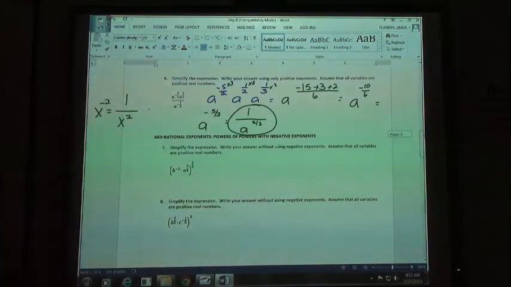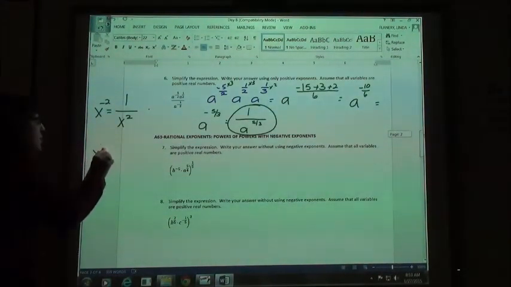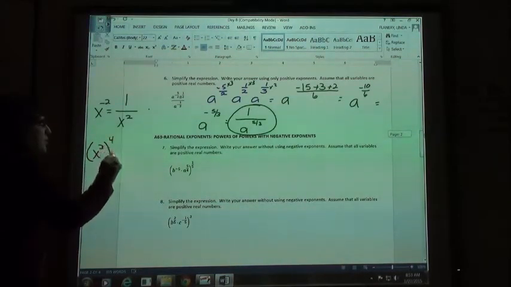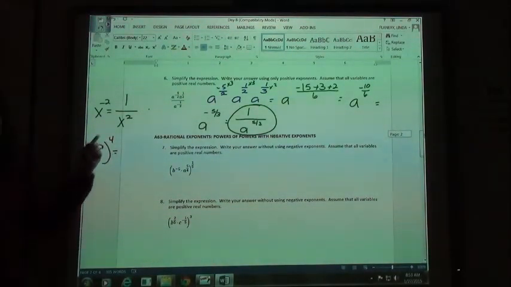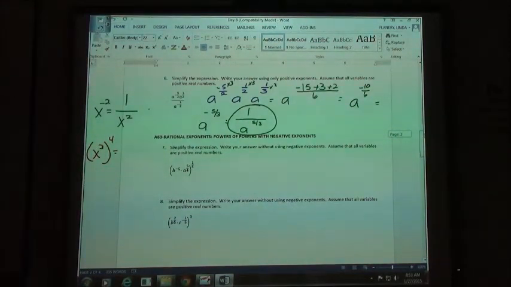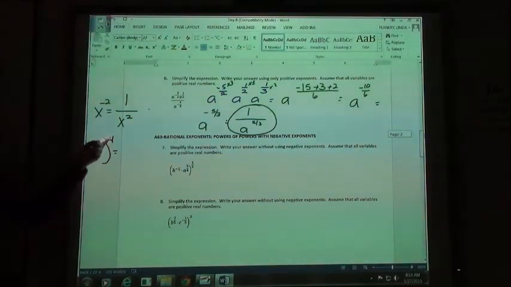7, 8, and 9 are your rules for raising to a power. Think about when I had x to the 3rd power and I raised it to the 4th power. What's my rule when I raise to a power?